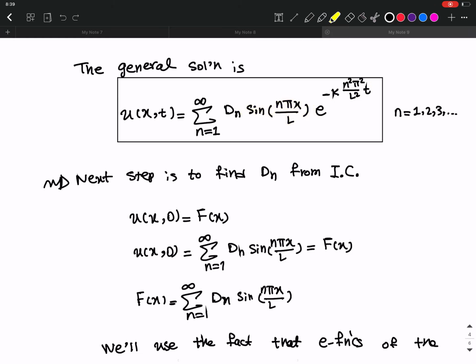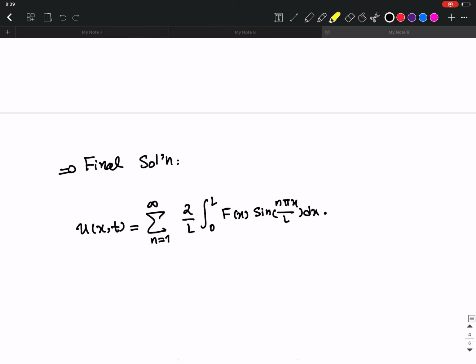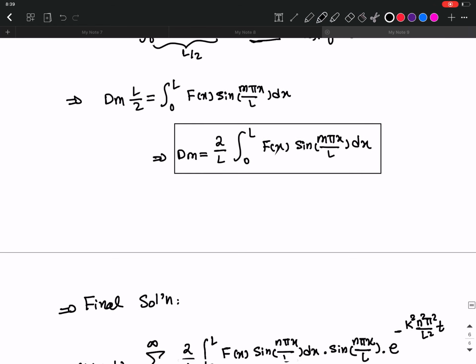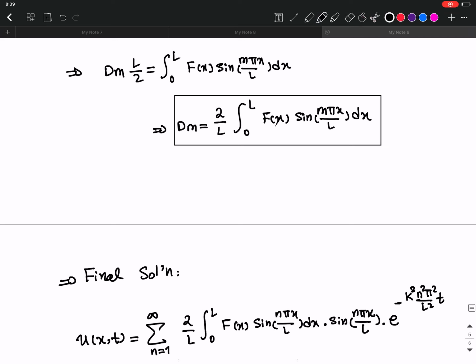So I'm just going to write them down, times sine(n pi x over L) times e to the minus k n squared pi squared over L squared t.